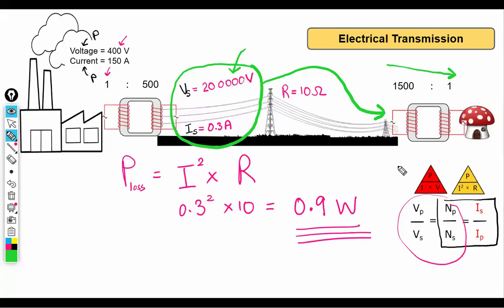So without doing any major calculations, you think you can calculate the voltage inside your house if we use a 1500 to 1 step-down transformer? We're just making the voltage 1500 times smaller. Let's do a quick calculation. You can do it mentally or on your calculator.